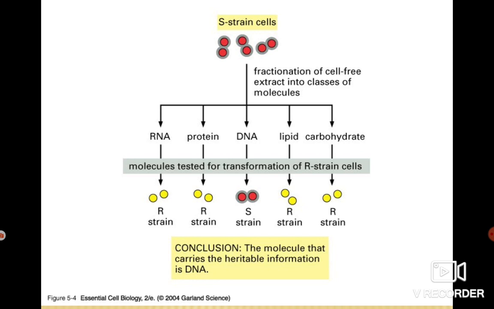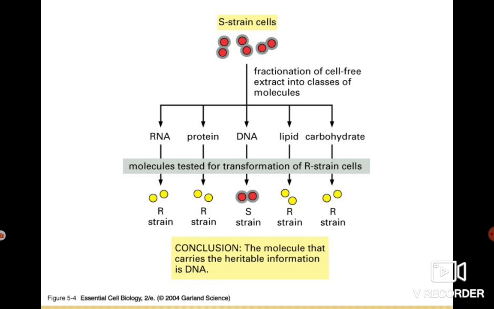First they isolated RNA of this S strain, added the molecule, and tested for transformation of R strain. Here only R strain was obtained. Then they added protein of S strain along with R strain, only R strain was obtained.